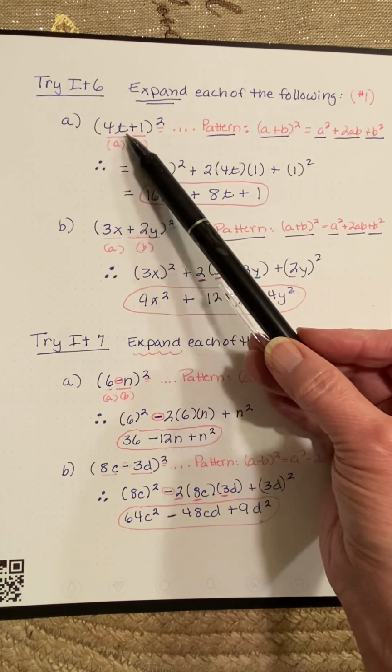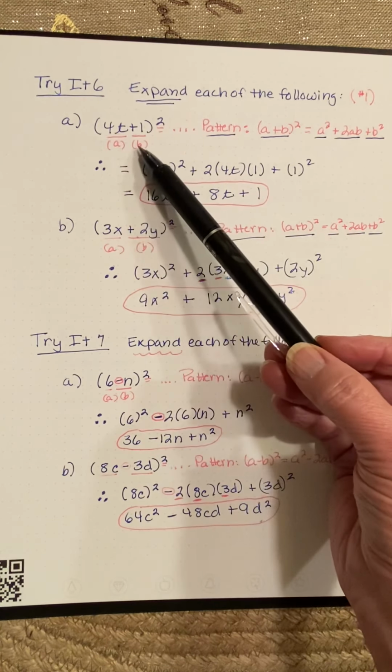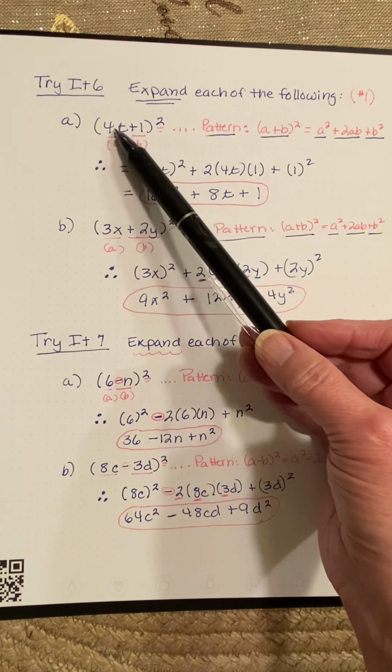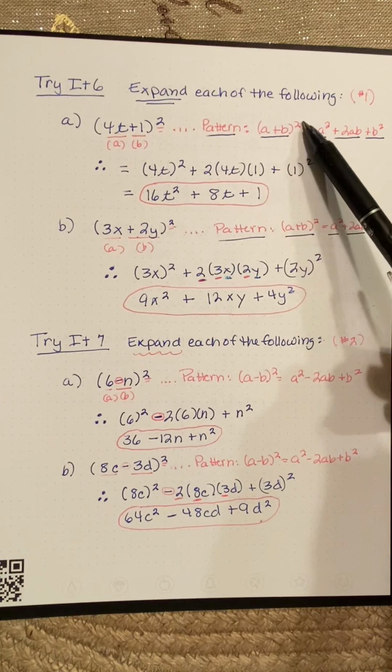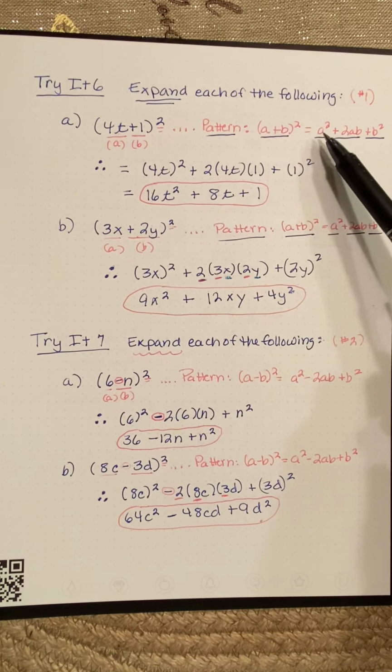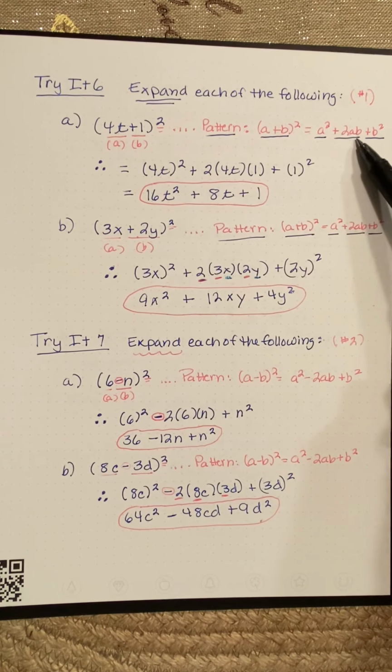And in this Try It, we're going to be concentrating on pattern number 1. So we have 4t plus 1, which is the a and the b position. So (4t plus 1) squared. So the pattern is (a plus b) squared, which we will turn into a squared plus 2ab plus b squared.